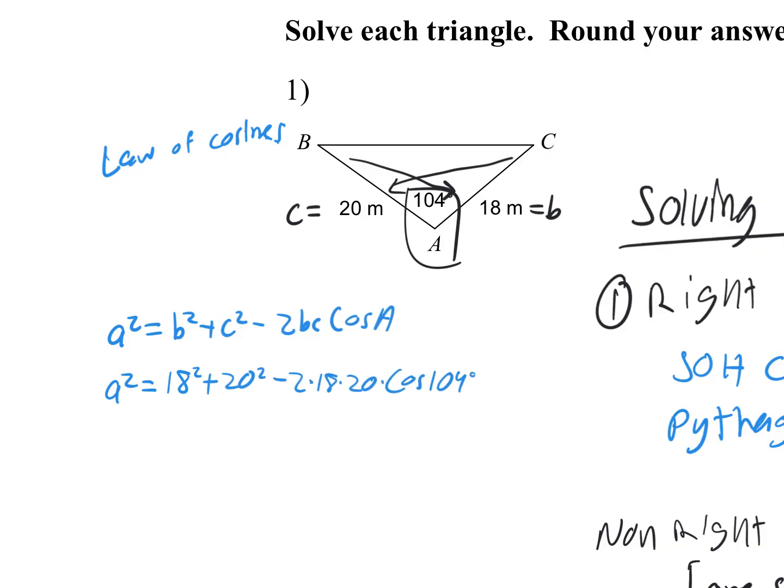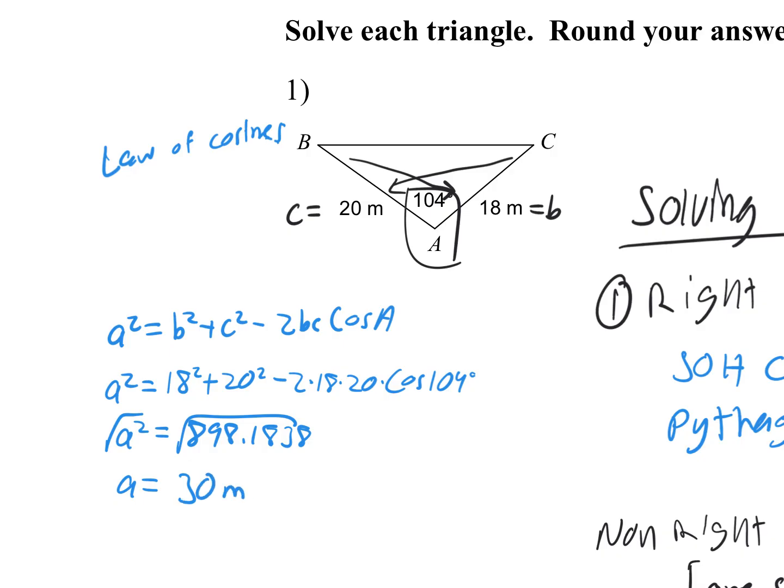All you have to do is plug this in your calculator. That should get you 898.1838, something like that. Then you can square root both sides, and A should be, to the nearest tenth, 30 meters.